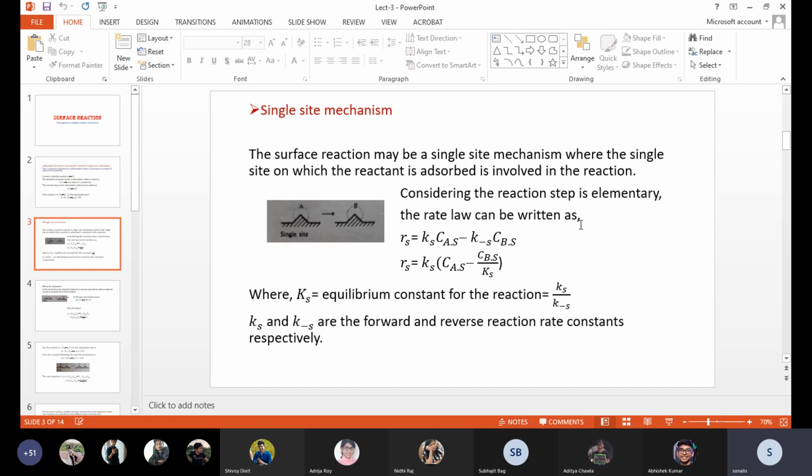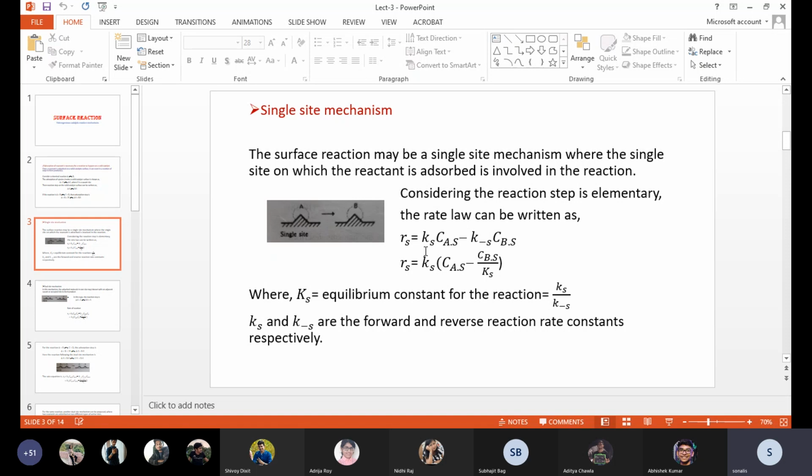The rate law can be written as: RS is the overall rate of the reaction. So it will be the forward reaction rate minus reverse reaction rate. What is the forward reaction rate? That is ks, small ks, the forward reaction rate constant, into the concentration of A·S, the concentration of the site on which A is adsorbed.